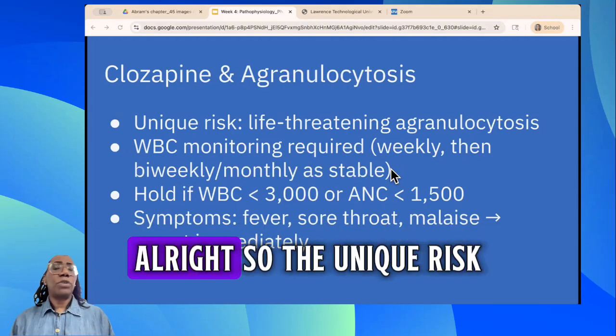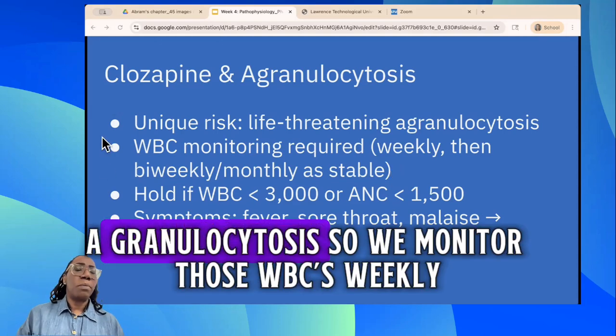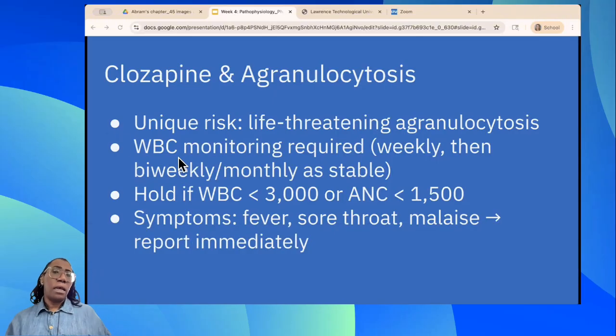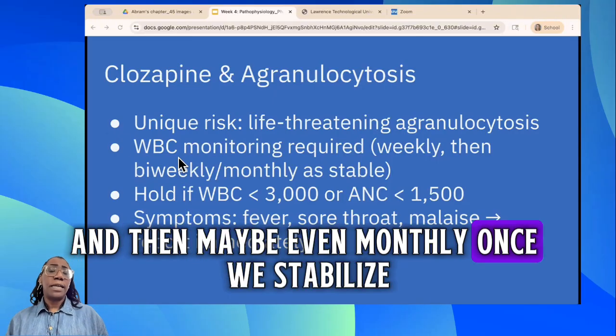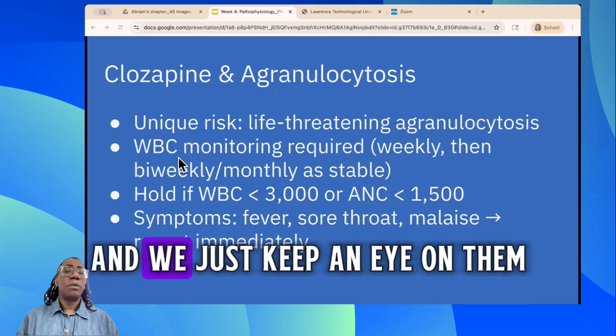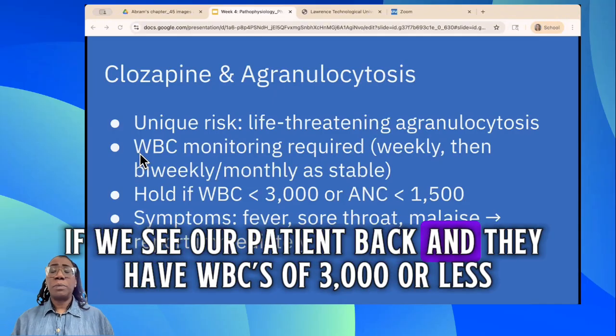All right. So the unique risk is agranulocytosis. So we monitor those WBCs weekly and then a couple times a month, and then maybe even monthly once we stabilize. All right. So the real risk is once they start taking this drug and we just keep an eye on them. We hold the med if we see our patient back and they have WBCs of 3,000 or less.